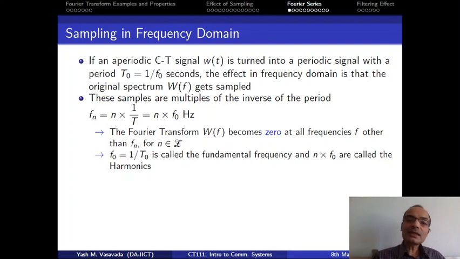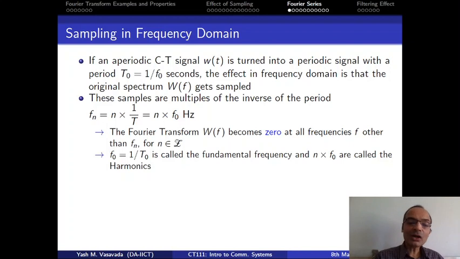In essence, what it says is that whenever you have a periodic signal in the time domain, its Fourier transform ceases to be a continuous valued function of f. In the frequency domain, you will get samples, and those samples will be spaced multiples of f0 apart, where f0 is the inverse of the period in the time domain.